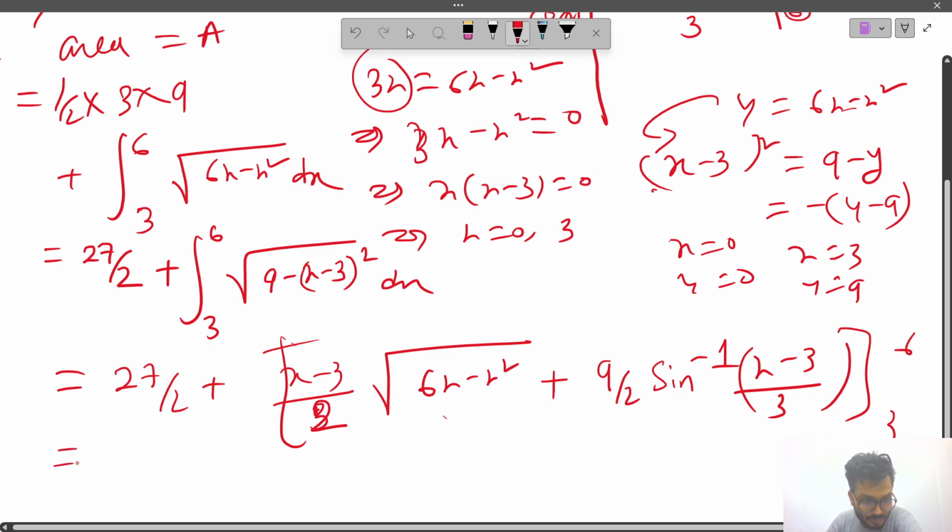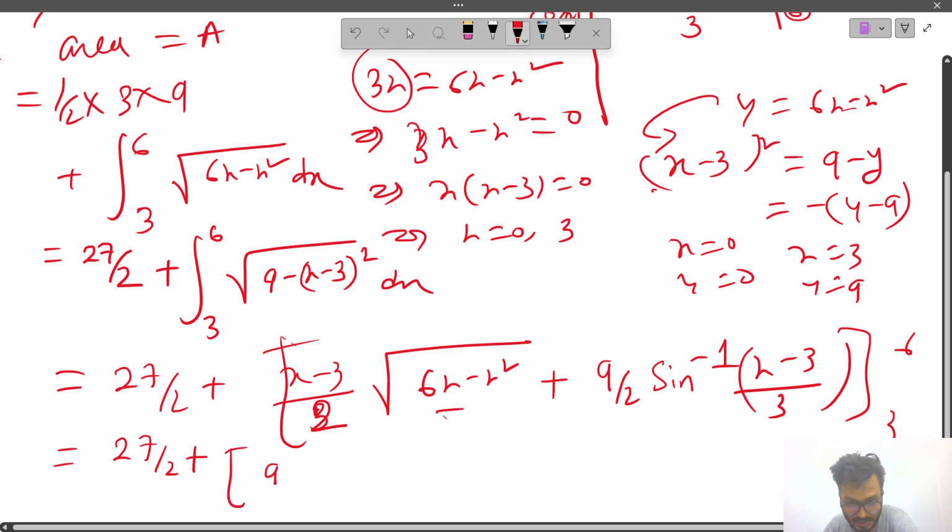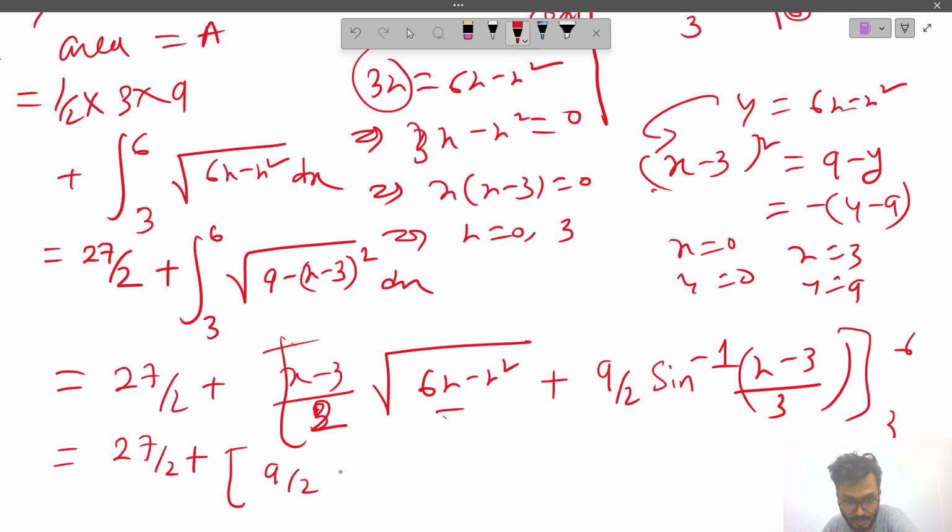So this will be 27 by 2 plus, when we put 6, 6 into 6 minus 6, this will be 0. When we put 6 here, what do we get? We get 9 by 2 sine inverse 1, right?